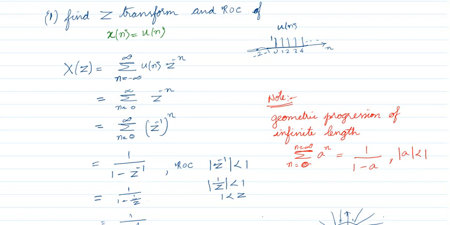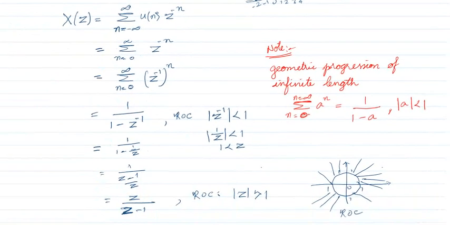So z power minus 1 I can write as 1 by z, taking z this side. So magnitude of z should be less than 1. Sorry, magnitude of z should be greater than 1, because z is going to the right side. Now we will write it in some other form. So this is also an answer. What is x of z?